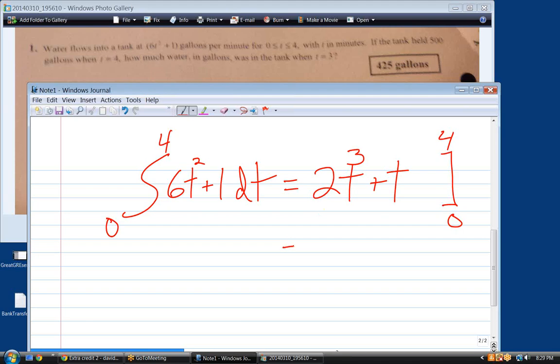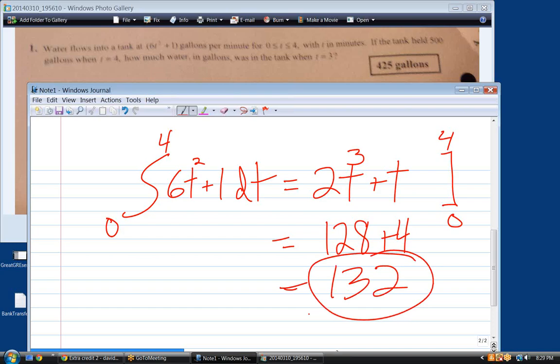So let's see, what do we got here? We got 2 times 64, that's 128, plus 4. So we know that 132 gallons flowed into the tank in the first 4 seconds.